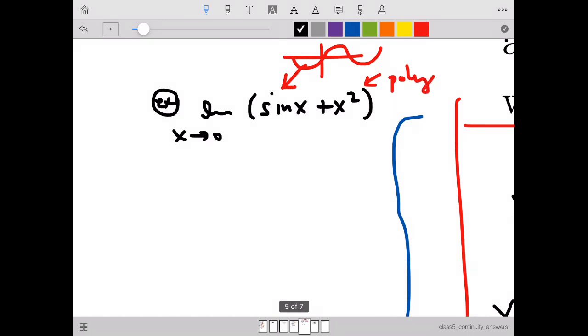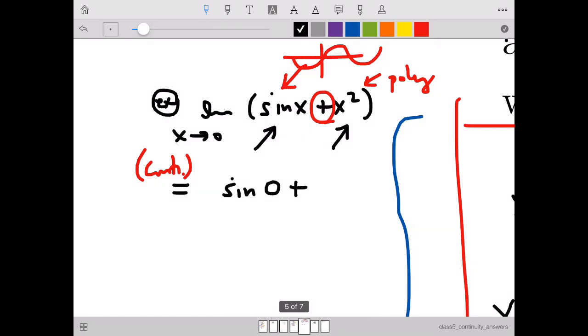So since the individual functions are continuous, their sum is also continuous. So by continuity of the sum, I can plug in the value directly. I can do direct substitution. Sine 0 is 0, 0 squared is 0, so we get 0.